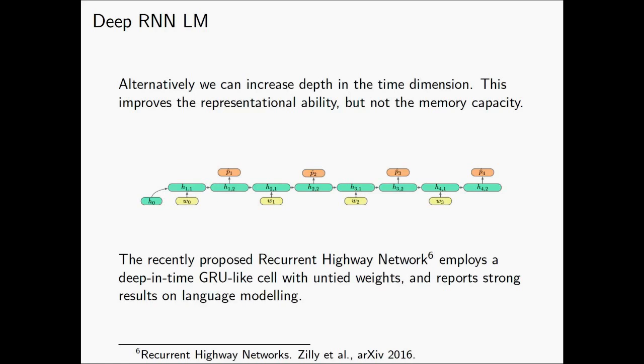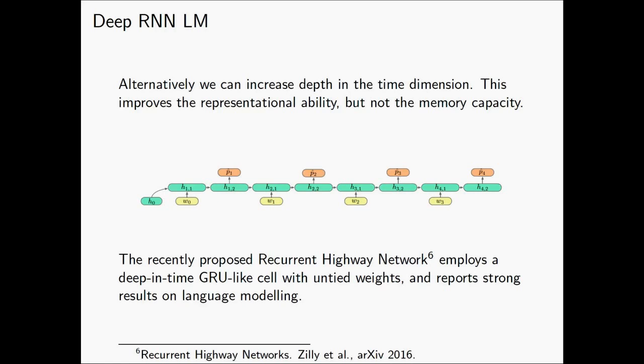This idea has recently been used quite effectively in something called the recurrent highway network, which is essentially just this sort of architecture where the recurrent units are things that look very much like the GRU units that I showed you. It also has some skip connections and some other features, but it's wide in time.